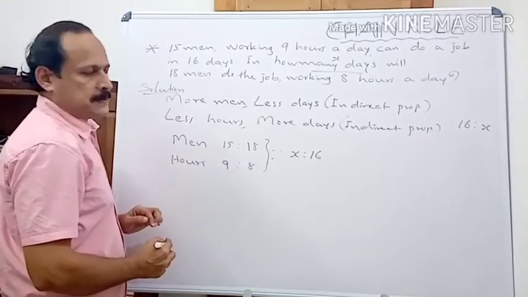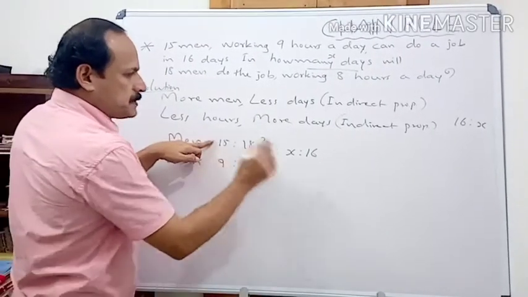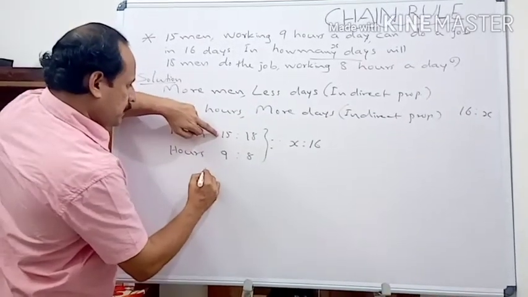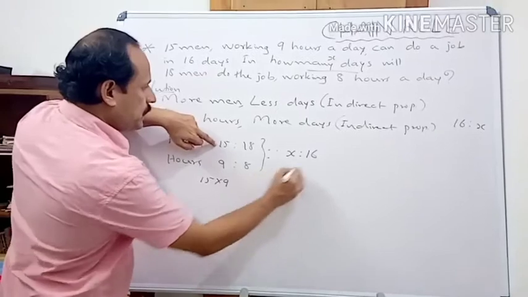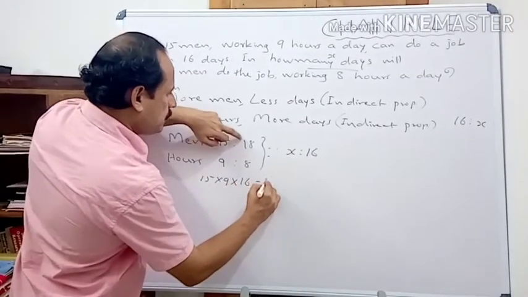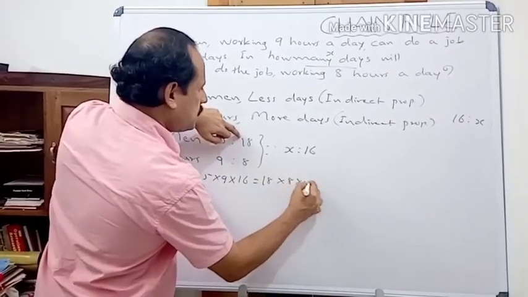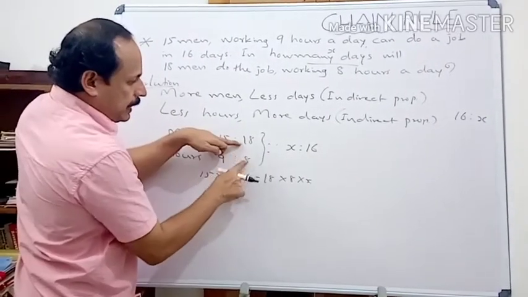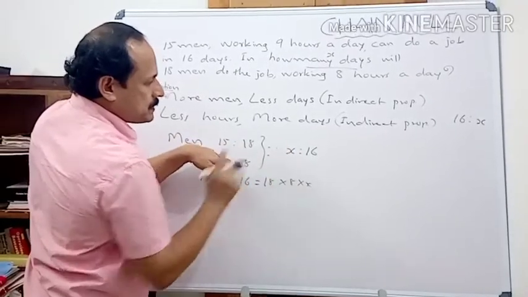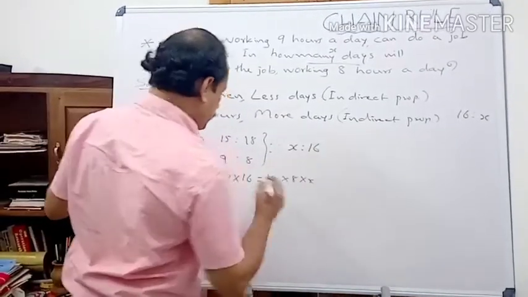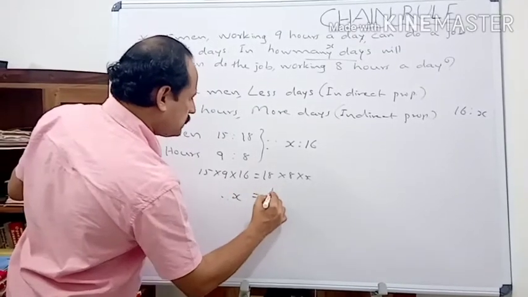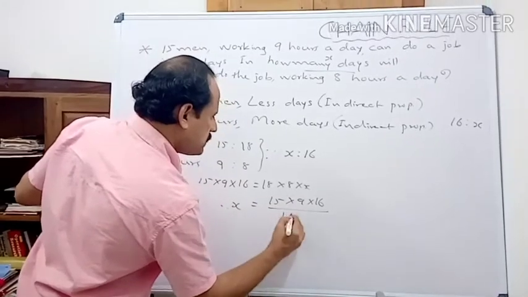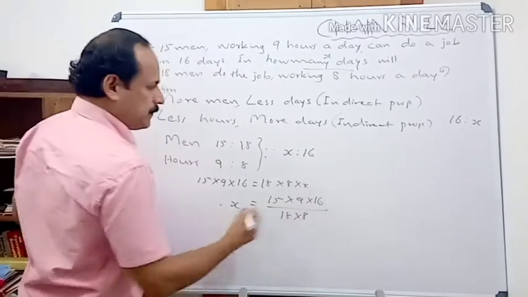to 16. Now, taking this as a proportion, the order is 15 into 9 into 16 equal to 18 into 8 into x. And therefore, x equal to 15 into 9 into 16 by 18 into 8.